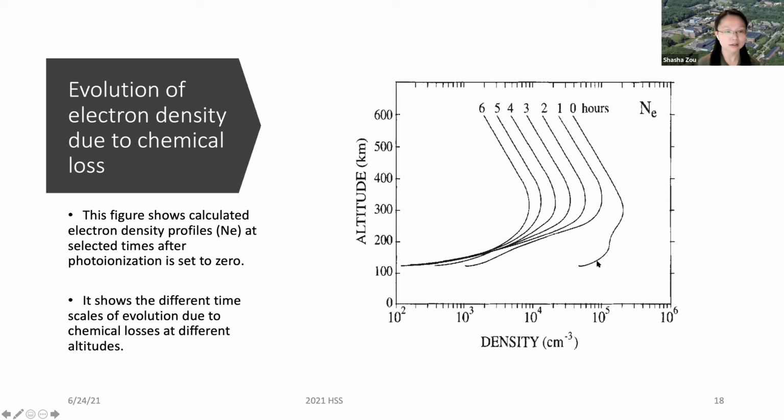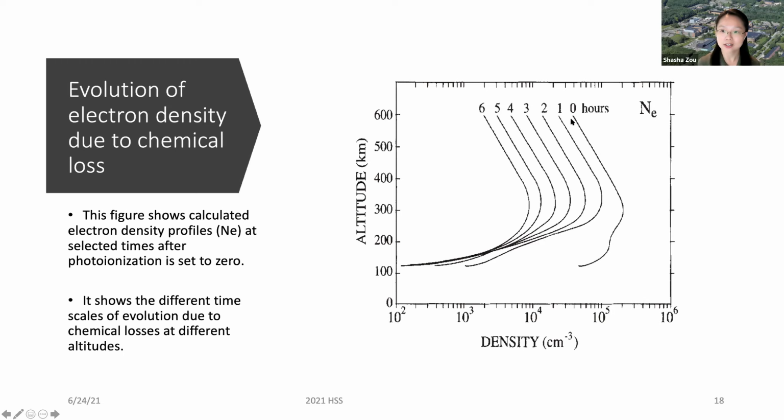Once we shut down the production, the density profile would be controlled mainly by the chemical loss process. You can see within 1 hour, in the E region and the F1 region, the density almost disappeared completely. So this is 1 order of magnitude density change, and we can consider that the E region completely disappeared.